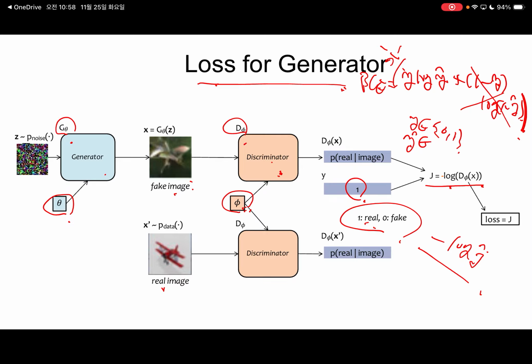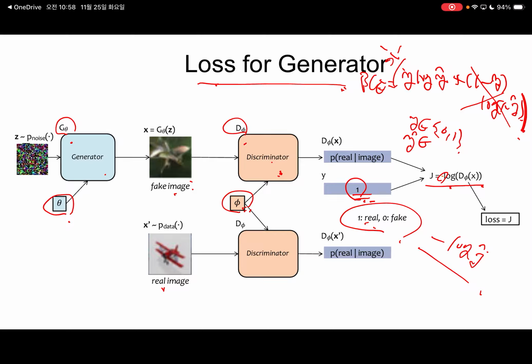When training the generator, we want the generator to produce images which can fool the discriminator, and fooling the discriminator means the discriminator classifies the generator's output into the real image class, 1. 1 is real, right? So when training the generator, the loss function is this one.